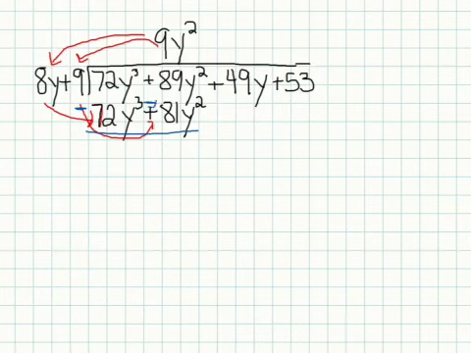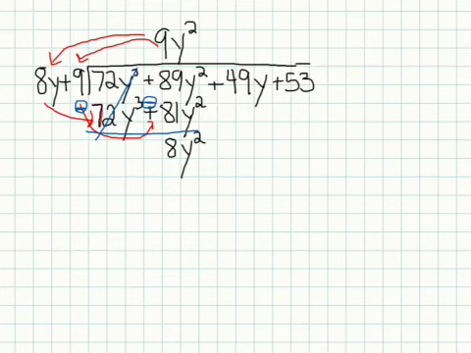So think of this as a negative 81y squared instead of positive, and this as a negative 72y cubed. Then 72y cubed minus 72y cubed cancels, zeroes out just like we wanted. Then with the y squared terms, it's 89 minus 81, so 8y squared comes down.